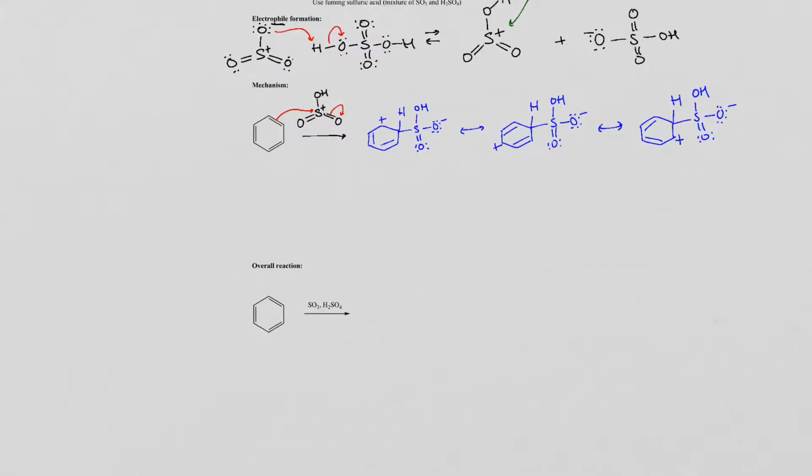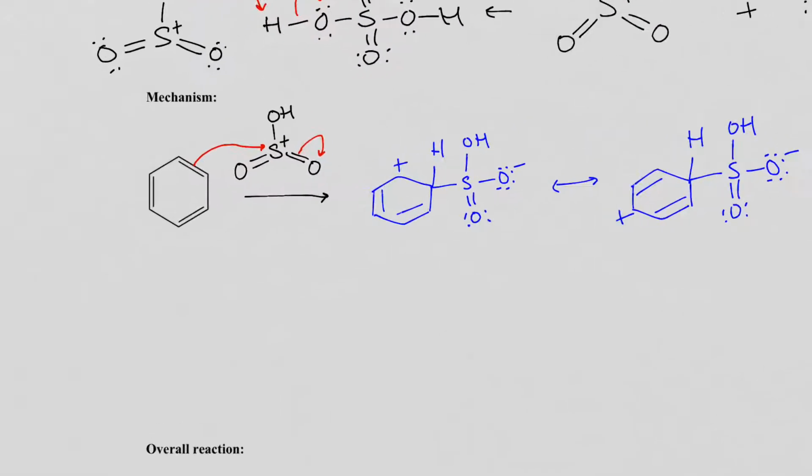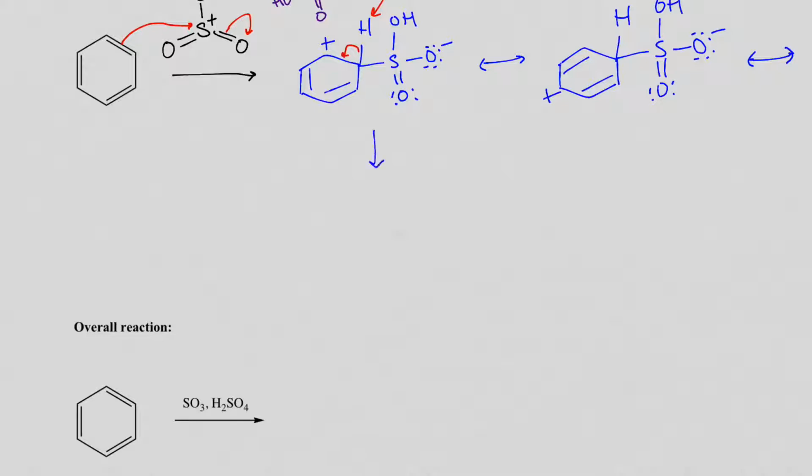We can now come in and draw the conjugate base of sulfuric acid again, coming in, deprotonating. We're restoring the aromaticity on our benzene ring. So we're putting that double bond back where we originally had it.